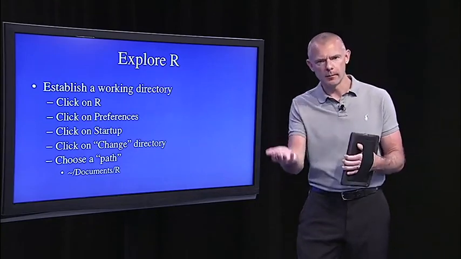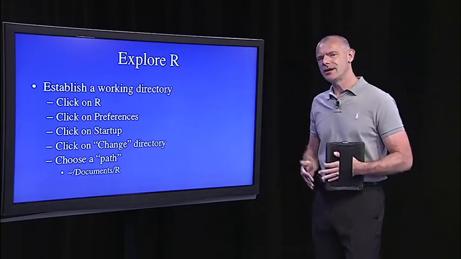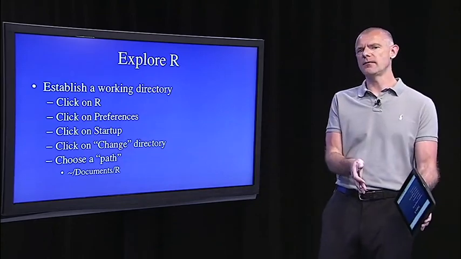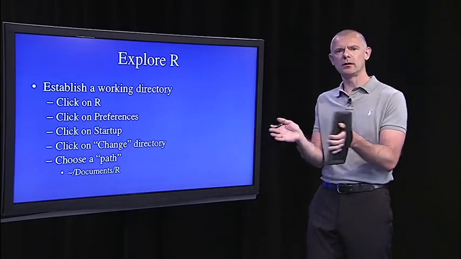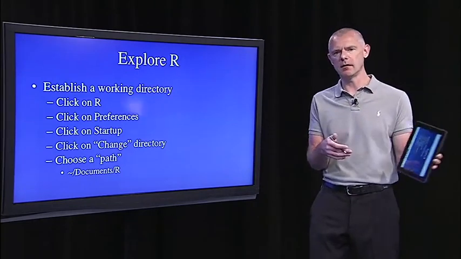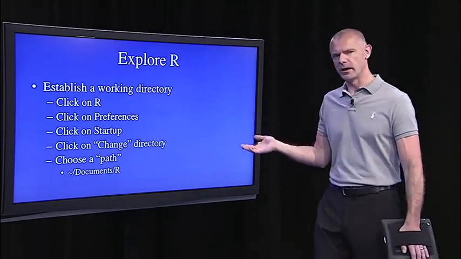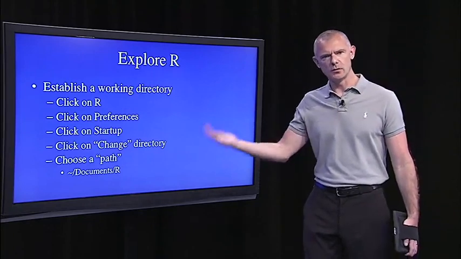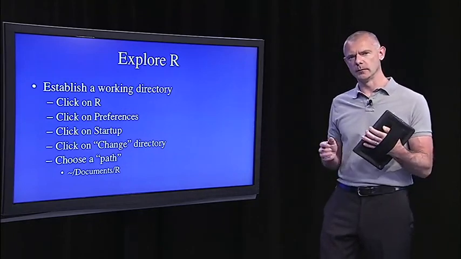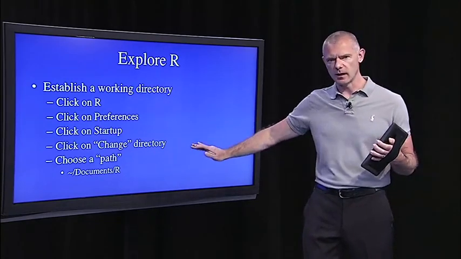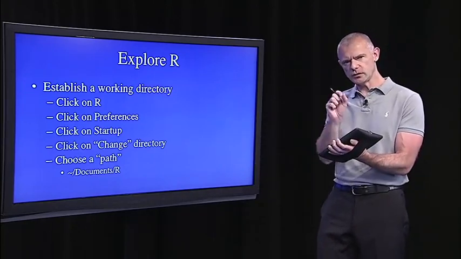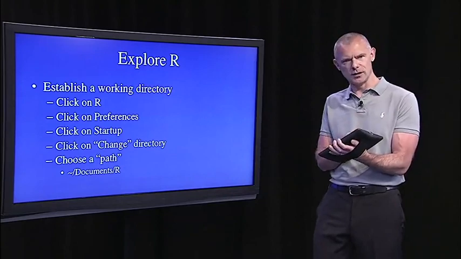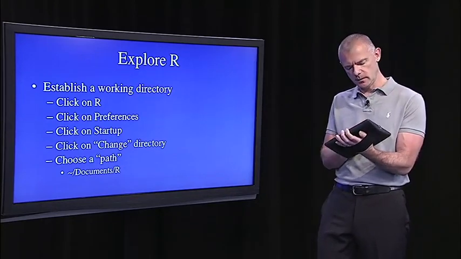When I open R, it automatically takes me there. Then I know if I save files there, then the R software program doesn't have to look and try and find where my data are, where my scripts are. It knows they're all right there in my R folder. You don't have to make it Documents/R. You can make it whatever you like. But just know what your working directory is so you can keep track of files appropriately.